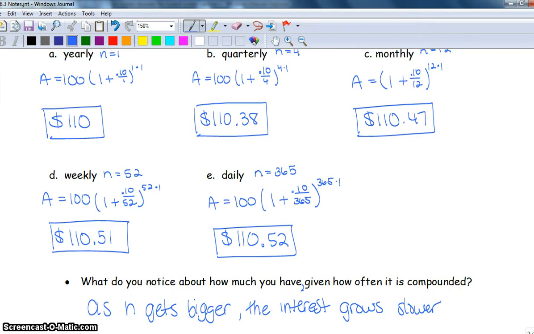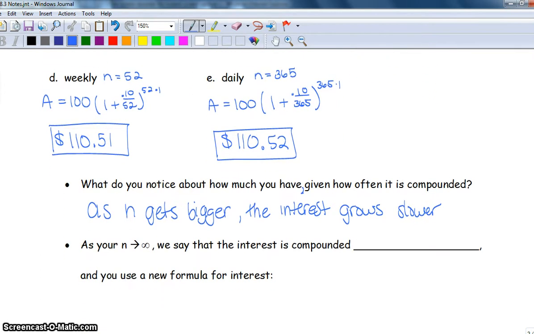So the more times compounded, the less it kind of matters. The bigger or the less of a change it makes. So as N approaches infinity, we say that the interest is compounded continuously.